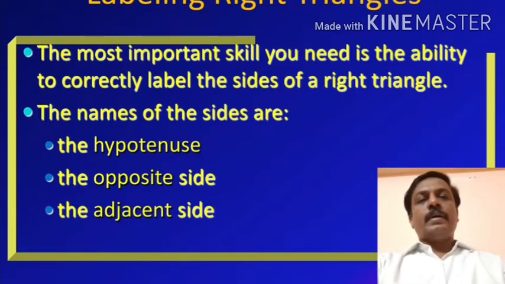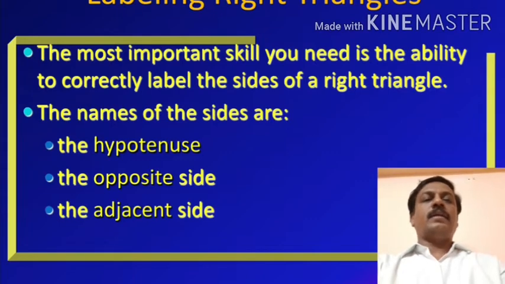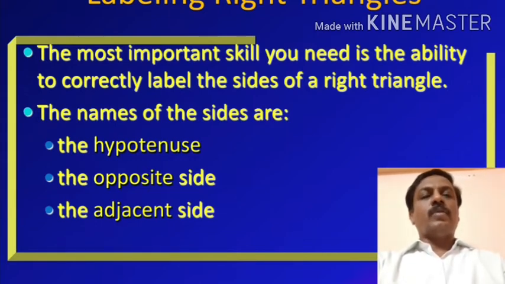So remember, these trigonometric ratios are defined only for the right angled triangle. Right angle triangle means a triangle which has got at least one right angle. Right angle means the 90-degree angle. Okay, so first we will learn how to label the sides of this triangle.